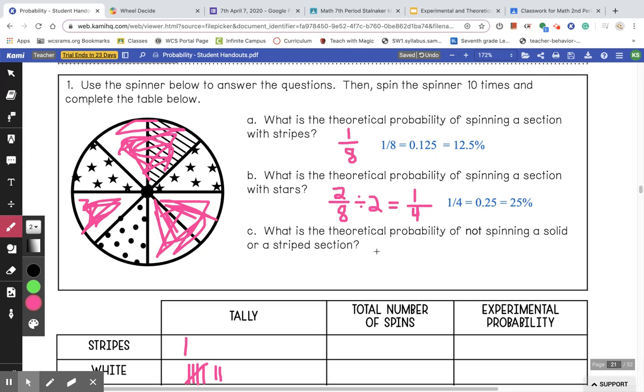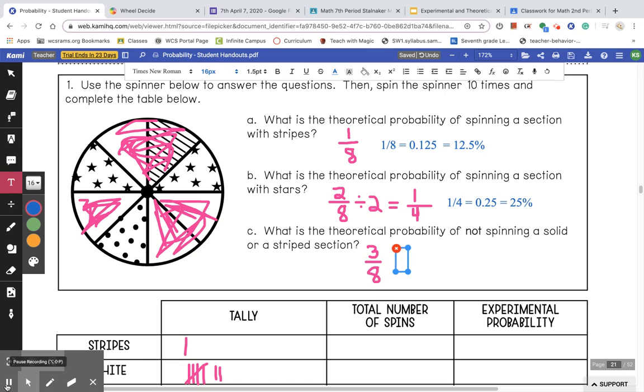So the probability of this happening, what should happen, should be 3 over 8. Because remember why it's 8, because there are 8 sections of the spinner. All right, now we got to convert it to a percentage. So we're going to do 3 divided by 8, which is 0.375.